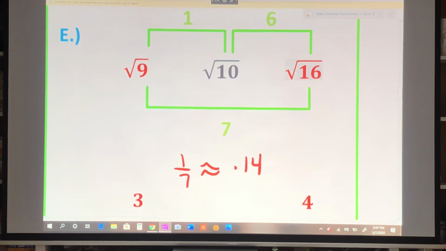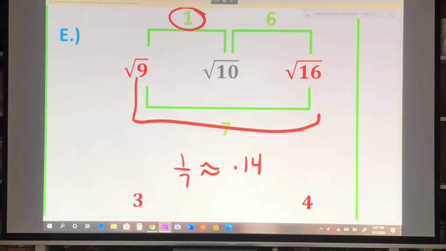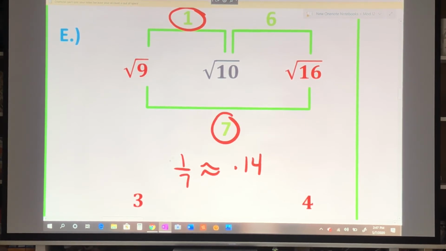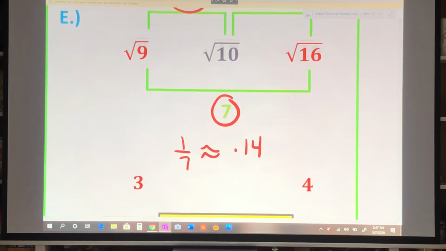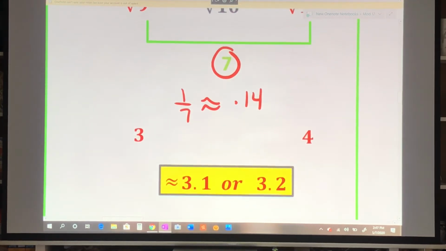Well, I know it's between 3 and 4, but where? Well, look at it. It's right next door. From 9 to 10 is 1, but from 9 to 16, that's 7. So it's 1/7 of the way there. That's what this is here. 1/7, which if you divided that, you'd get approximately 0.14. So I wrote, it's 3.1 or 3.2.